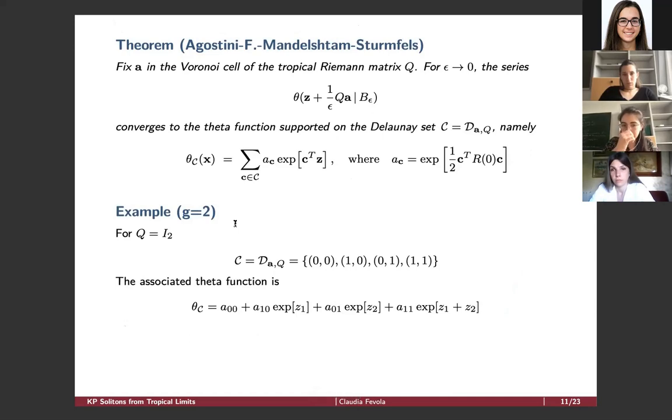So as in the picture before, I was saying that the set C, which is called the Delaunay set, is given by 4 points. And the associated theta function in this case becomes just the sum of 4 exponentials, where the first one is 1.